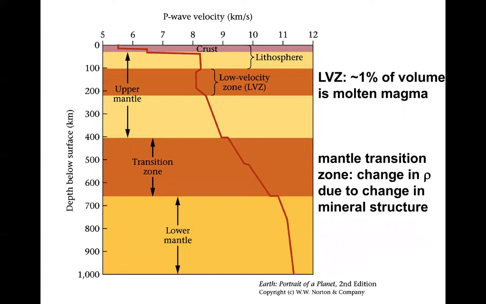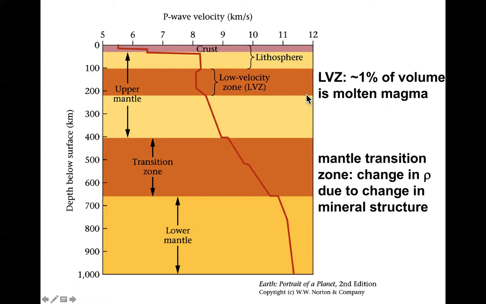So the thing to remember is that the lithosphere includes the crust and the uppermost part of the mantle. Then we have our low velocity zone stretching from about 100 kilometers depth to about 220 kilometers depth. Later on, we'll talk about the asthenosphere and these jumps in seismic wave speed, P wave speed in the mantle transition zone.